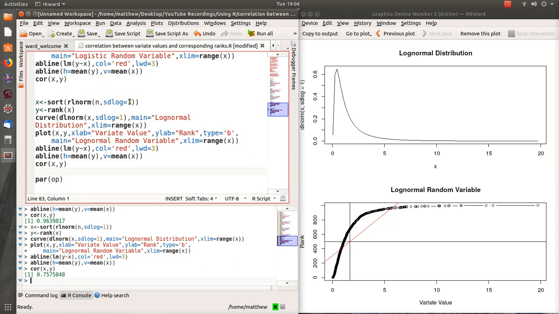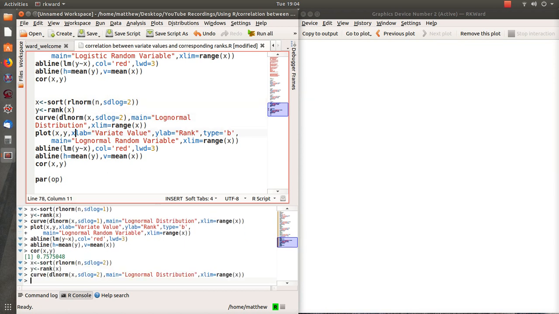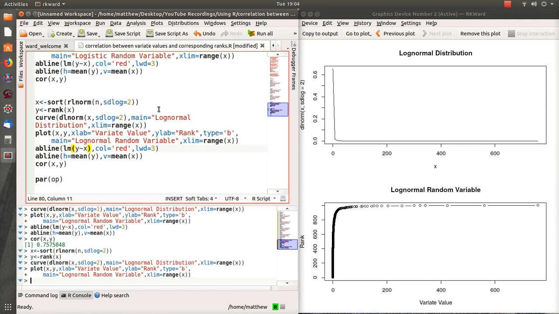But for fun, let's change this to 2, which makes it even more skewed, and redo this. Sample 1,000 from the log normal and then plot it. And so this is roughly the distribution. So the mass is going to be right here, and you can kind of see that all the data is here. But there are a few out here because it's a highly skewed distribution.